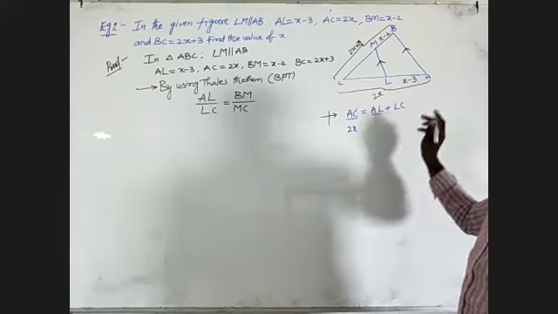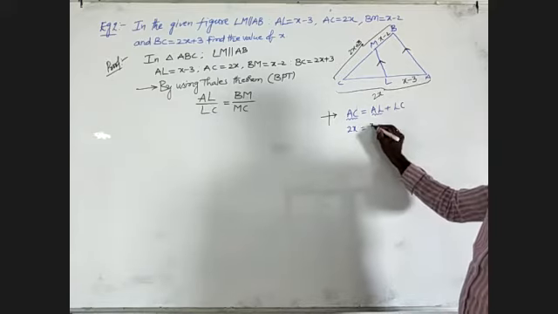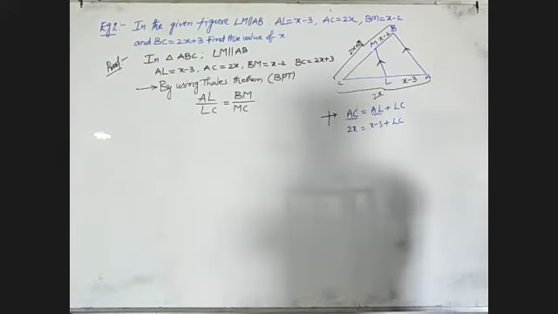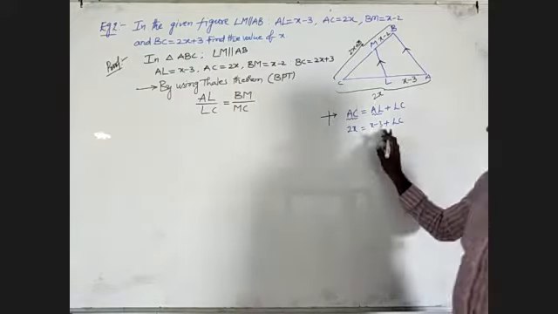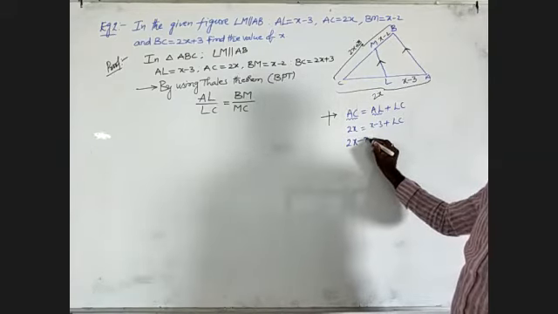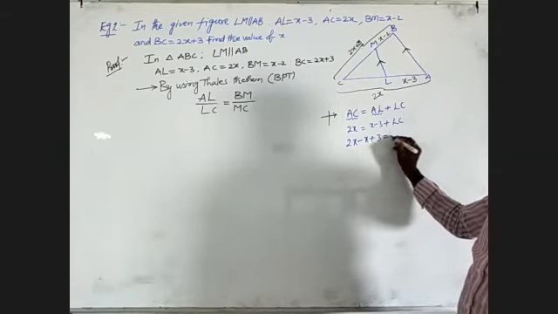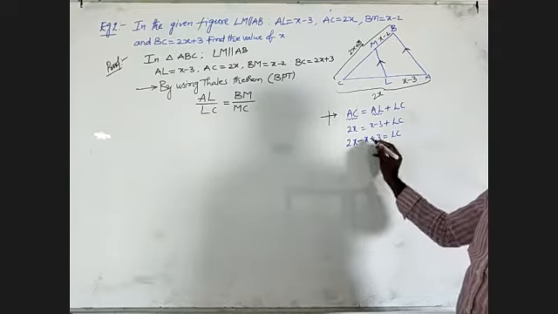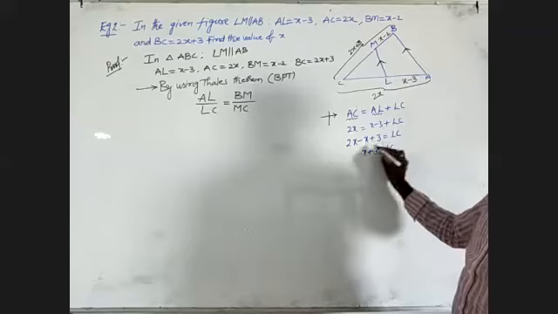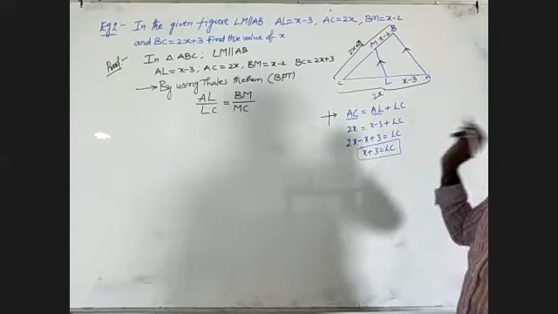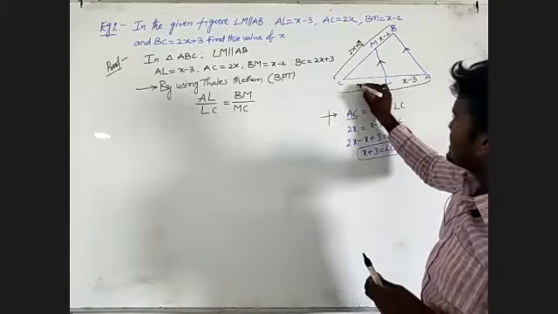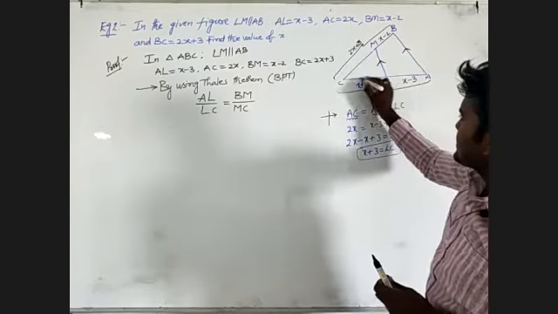After that, the distance between A and L is x minus 3 plus LC. That plus value becomes that side, that will be written as 2x minus x plus 3 will become LC. 2x minus x is equal to x, that is x plus 3 is equal to LC. So the value of LC is x plus 3.